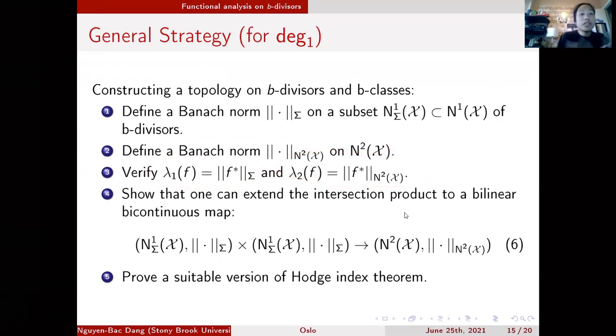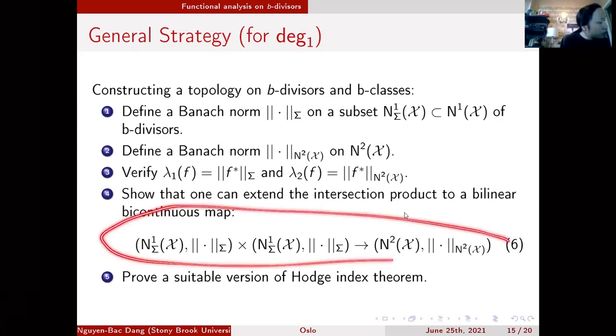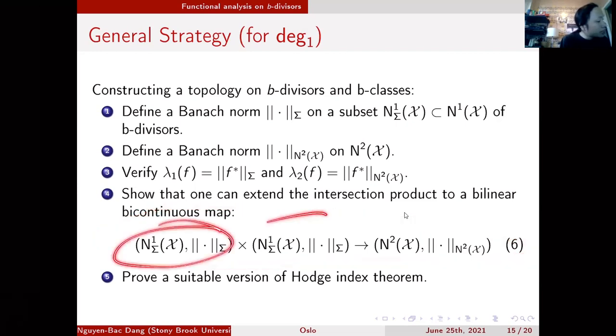And then because I want to make my Hodge index argument, I want to check that I have a good intersection theory. So I want to be able to intersect two guys from the Banach space of codimension 1 and obtain a guy in the Banach space of codimension 2. And once I have this, then prove a suitable version of the Hodge index theorem to get the simplicity of the eigenvalue, a little bit like the argument that I showed in the regular case.